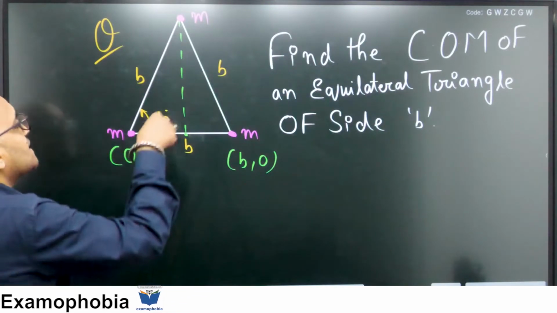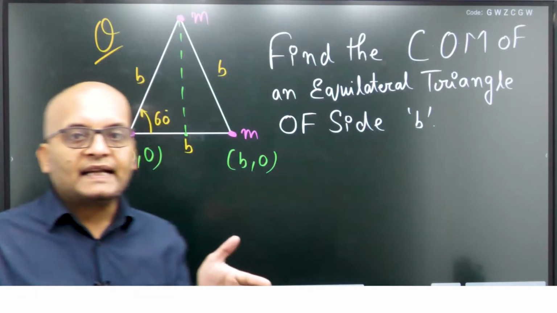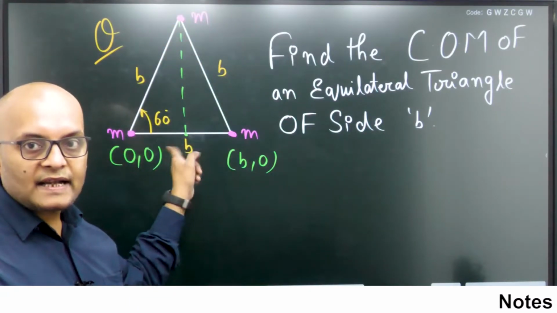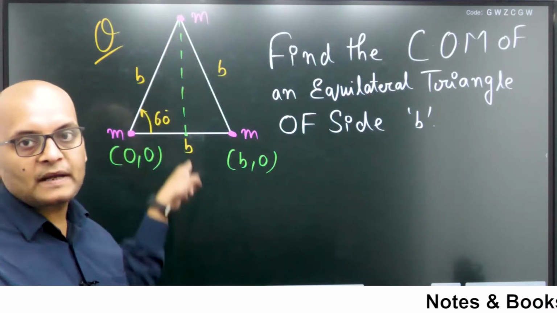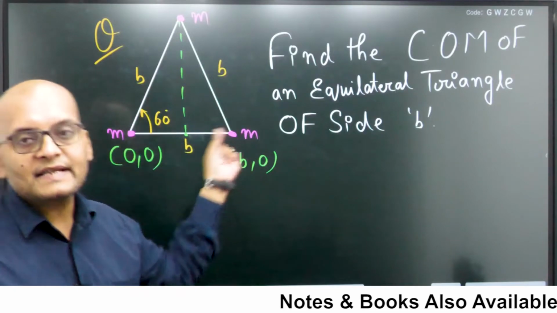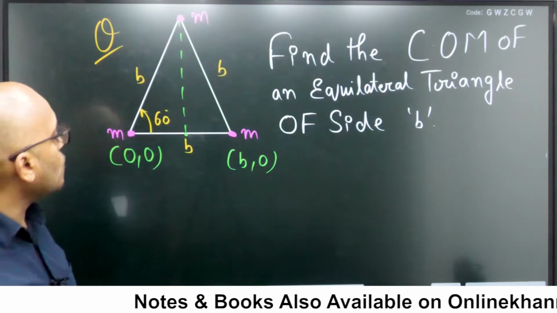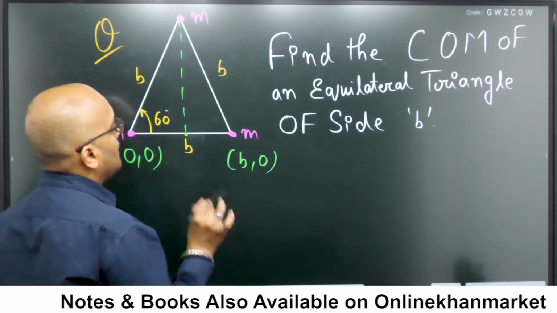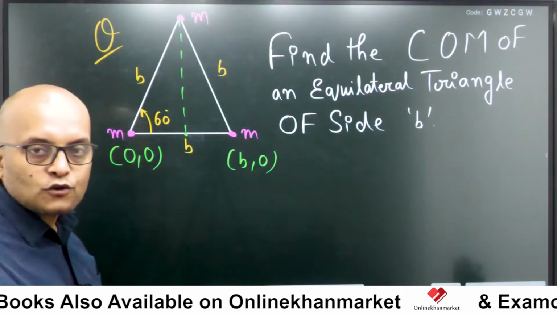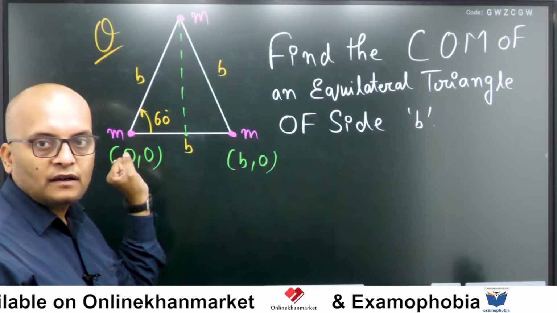Since it is an equilateral triangle, I have dropped a perpendicular bisector from this third mass to the side containing the two masses m and m, on the opposite side of the third mass. Since it is the perpendicular bisector, it's going to divide this side into two equal halves. This half and this half will be equal, right?